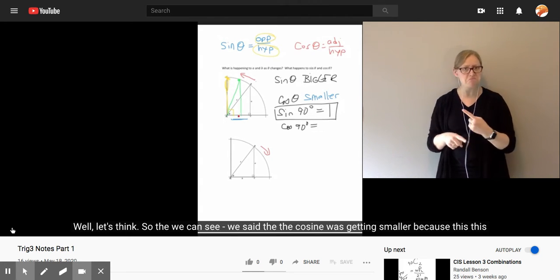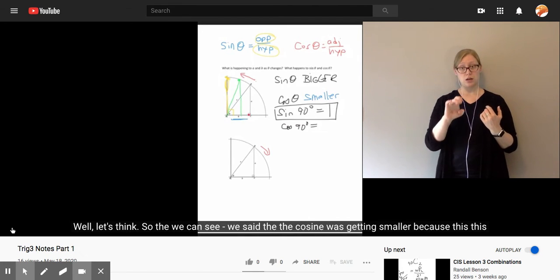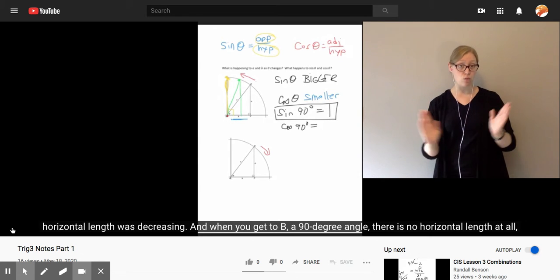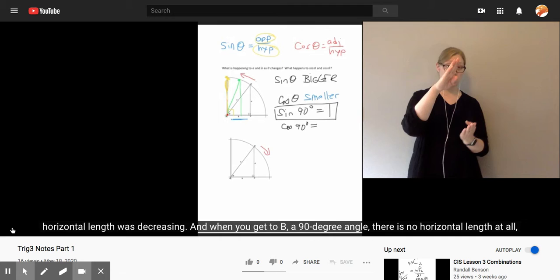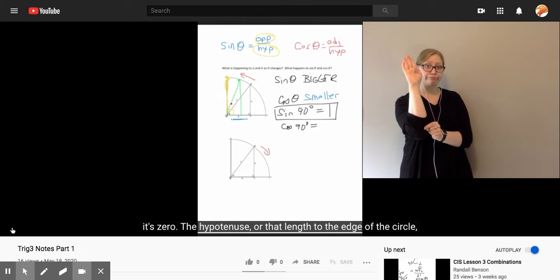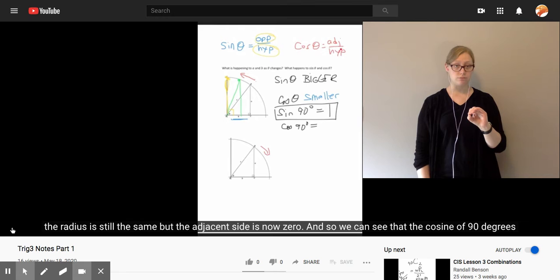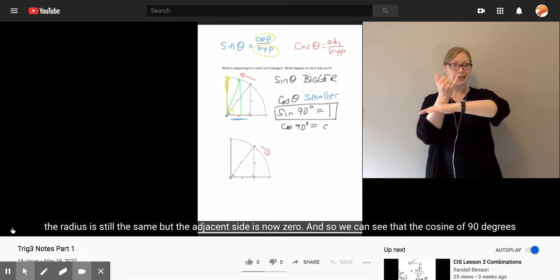So we said the cosine was getting smaller because this horizontal length was decreasing. And when you get to be a 90-degree angle, there is no horizontal length at all. It's 0. The hypotenuse, or that length to the edge of the circle, the radius, is still the same, but the adjacent side is now 0. And so we can see that the cosine of 90 degrees is 0.